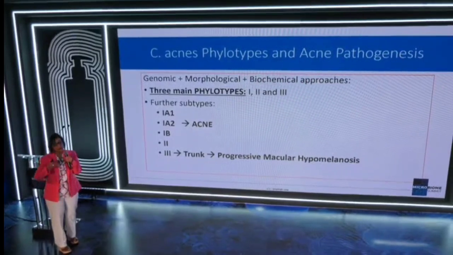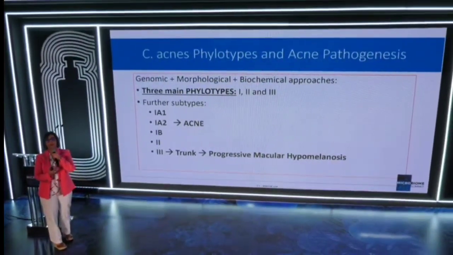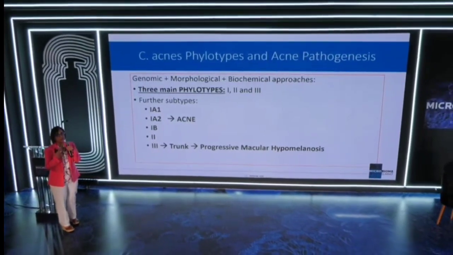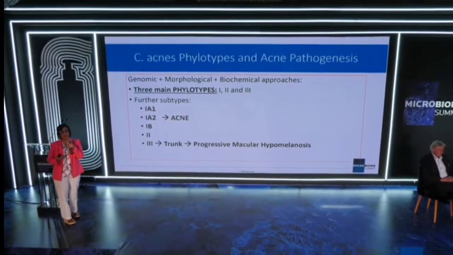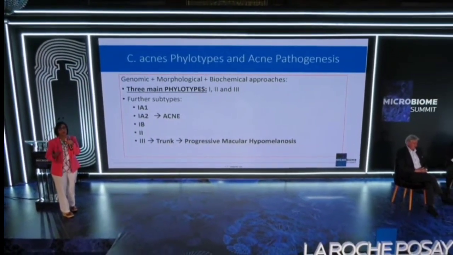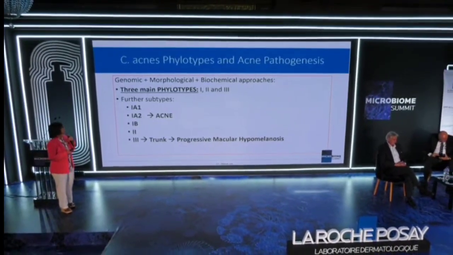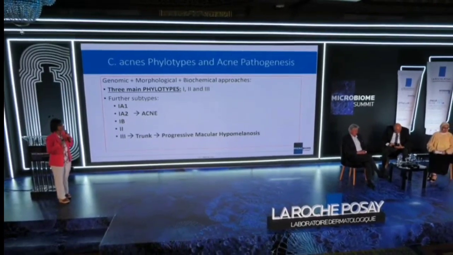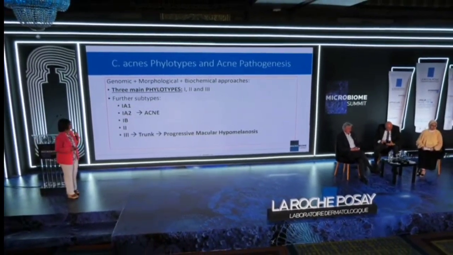There are different ways of typing the bacteria nowadays, including DNA and ribosomal categorization. And there are main phenotypes, which are 1, 2, and 3 for Cutibacterium acnes.